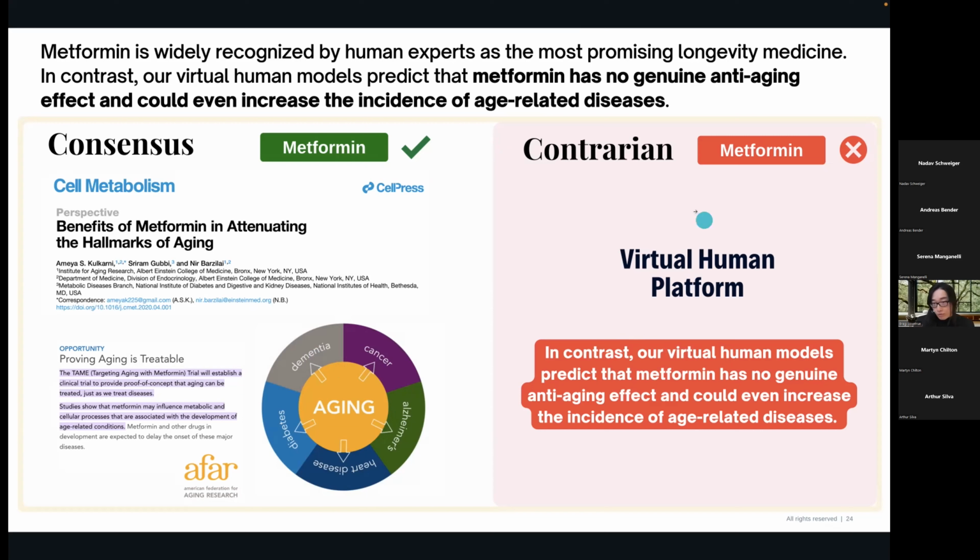So we came to the very contrarian conclusion that metformin would have no genuine anti-aging effect. And more importantly, it's highly toxic, but its toxicity profile is a long-term cumulative toxicity. It's not acute toxicity for a healthy population to take. So this is in contrast to lots of data out there and lots of beliefs in the community.